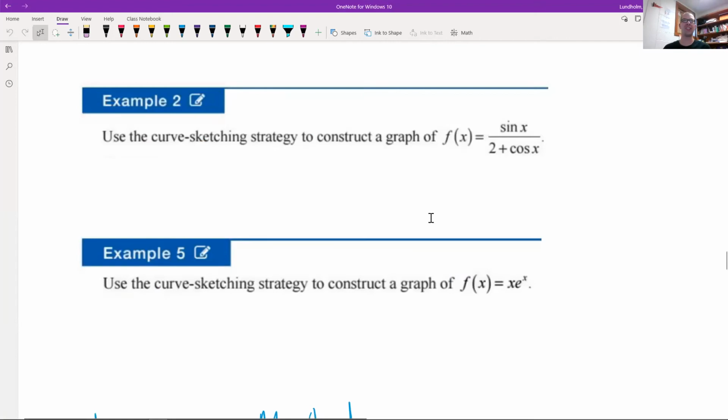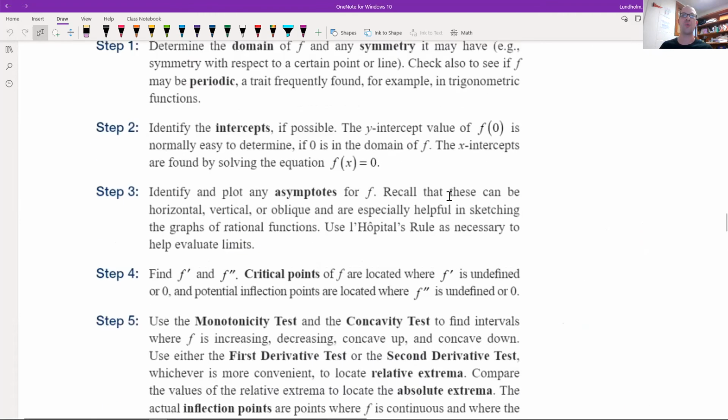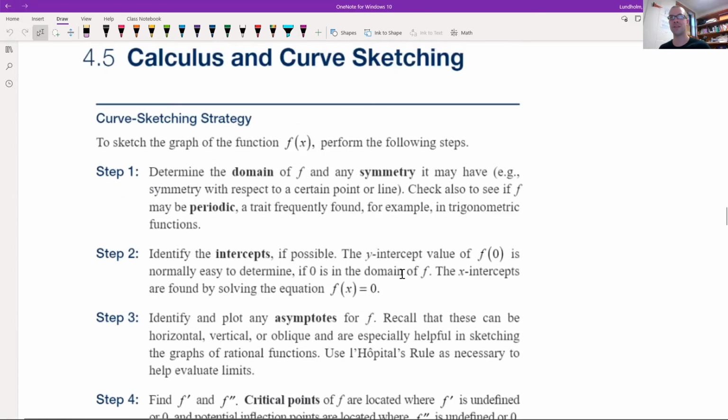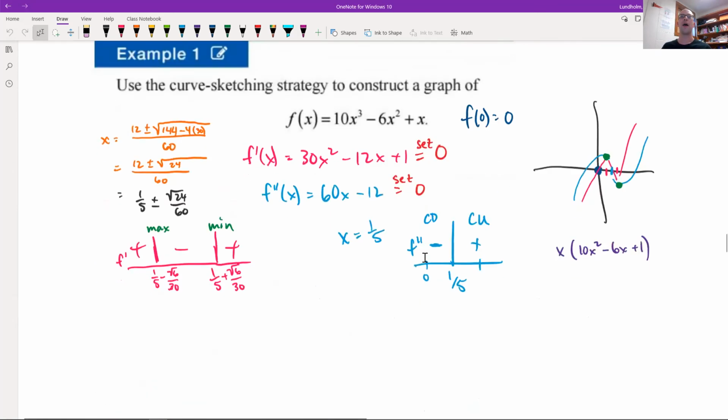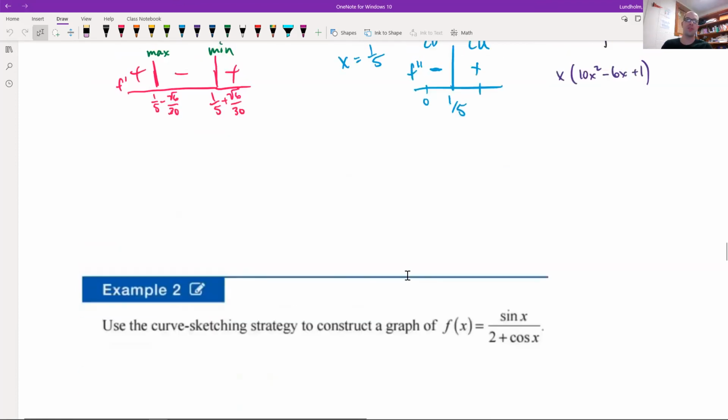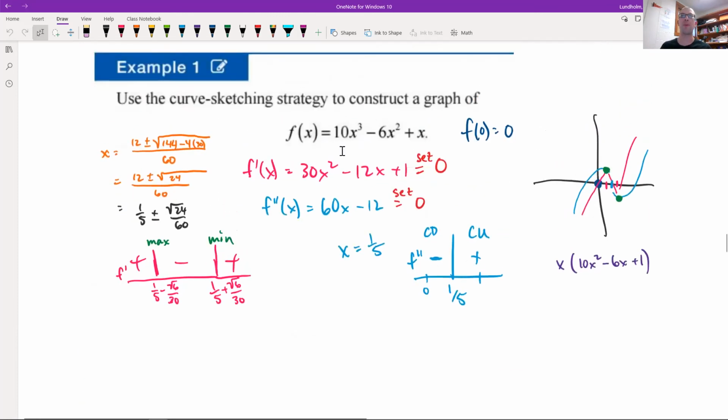There's more that we could do with these curve sketching. And it's fun. It gives you practice with the first derivative test and the second derivative test and critical points and that kind of stuff. When the rubber meets the road, though, those are just practicing the skills that we've recently learned.